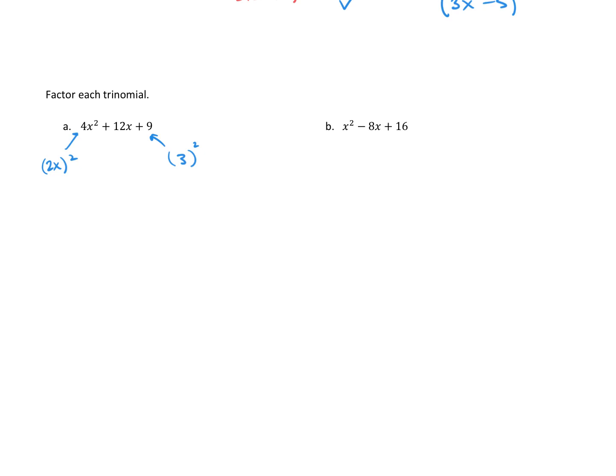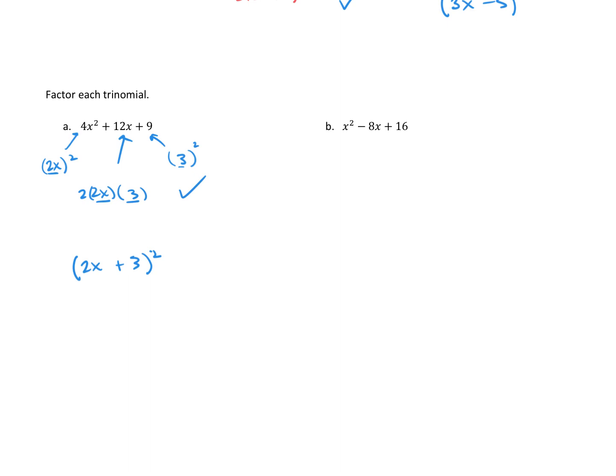So now let's check if we take 2 times the 2x times the 3, do we get that 12x? So 2x times 3 is 6x. 6x times 2 is 12x. So yep, that is a perfect square trinomial, which means factored form will be a binomial squared. 2x plus 3 squared.